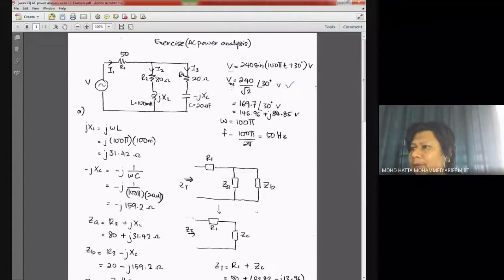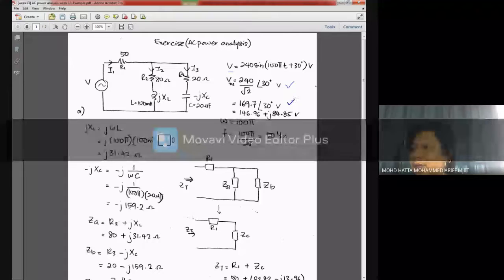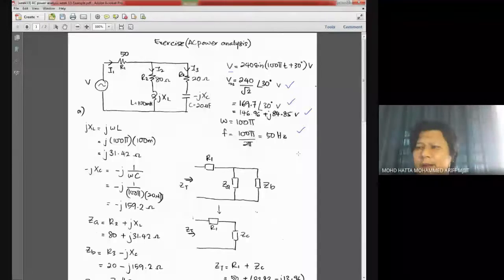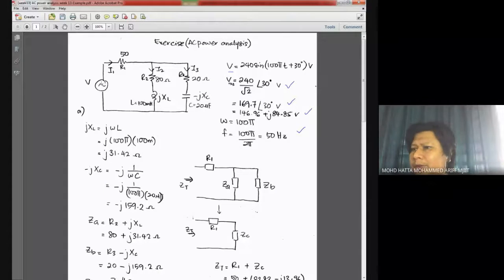Now we have VRMS with the angle of 30 degrees. It is a good idea to give the value both in phasor and in rectangular form. This was also mentioned just now about the omega, and from the omega we can get our frequency value.